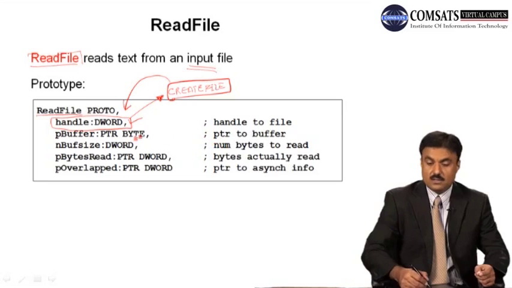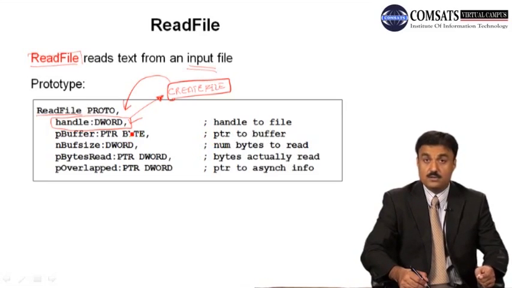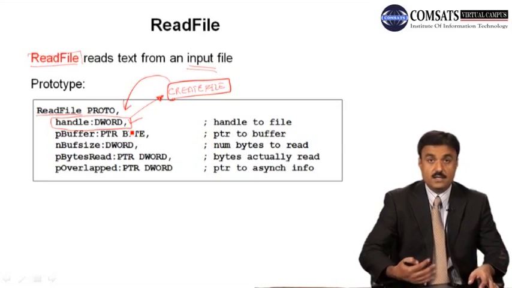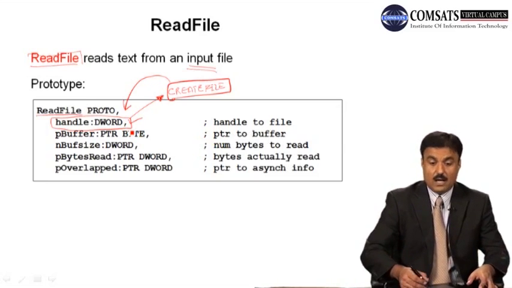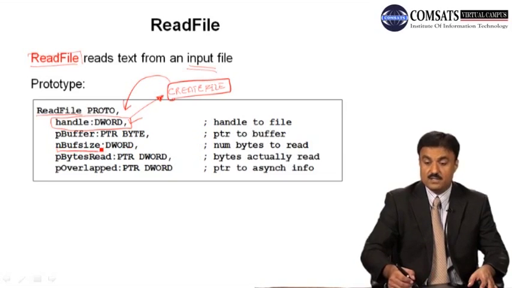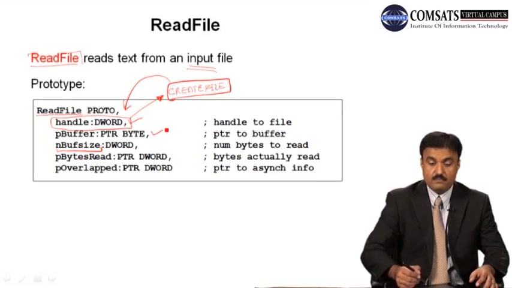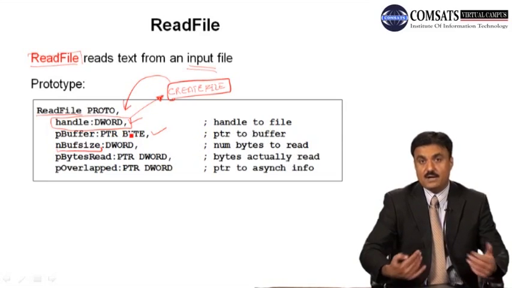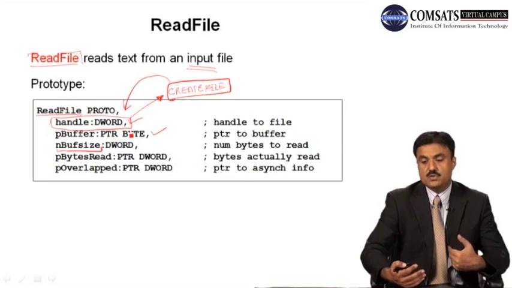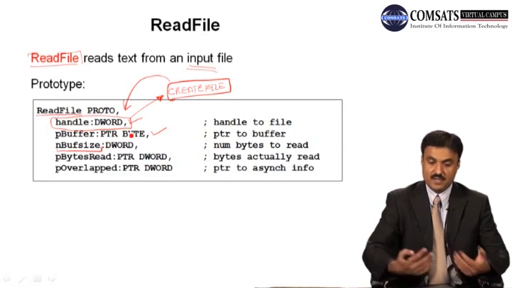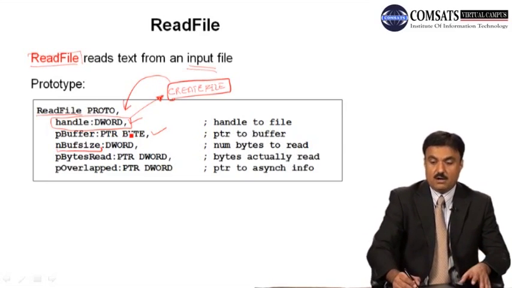So this is the information that you are going to read from the file. Then we have the third parameter, called the buffer size, the number of bytes you want to read. So this is the buffer area where you will write information which you are reading from the input file, inside this buffer.